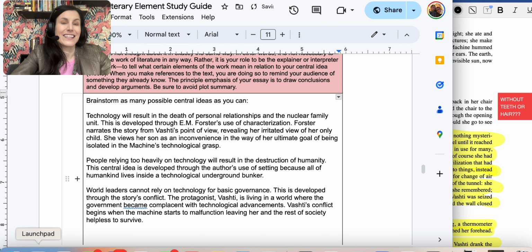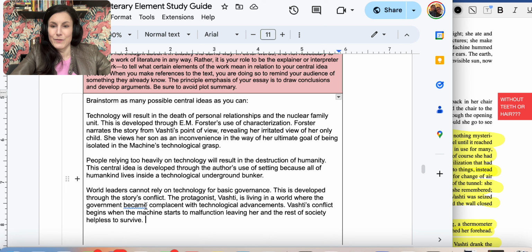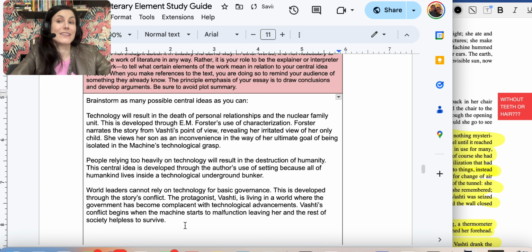So we could say this is the government's failure. Like people rely on the government to provide services, protection, safety, all of these environmental protections, obviously. So we could say where the government has become complacent. There. So those would be three examples of central ideas that we can expand into an essay.